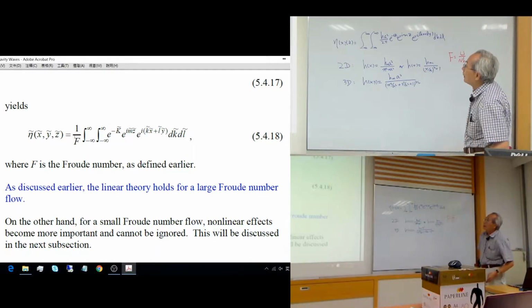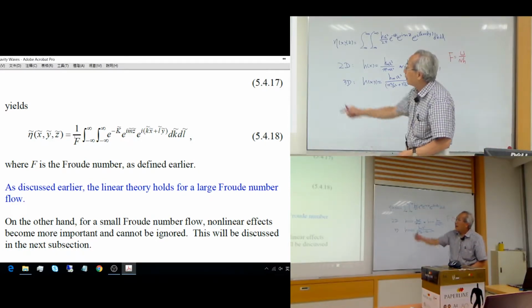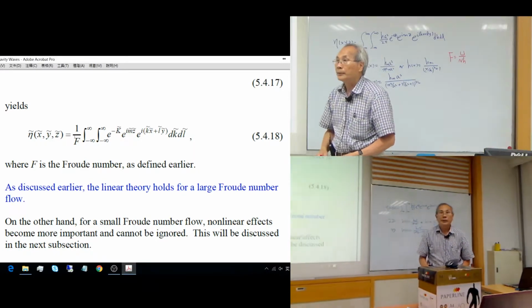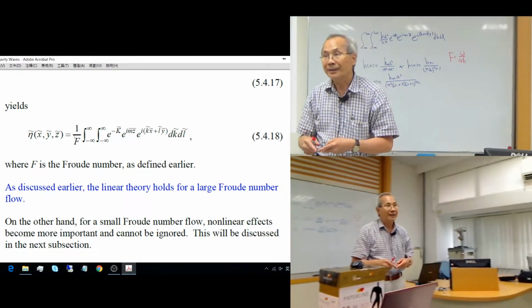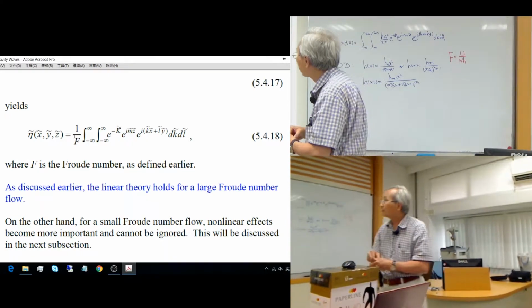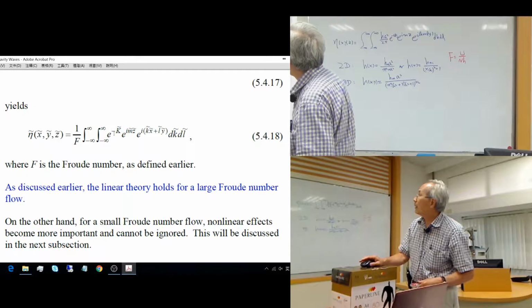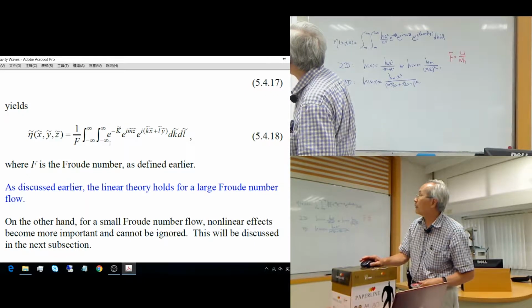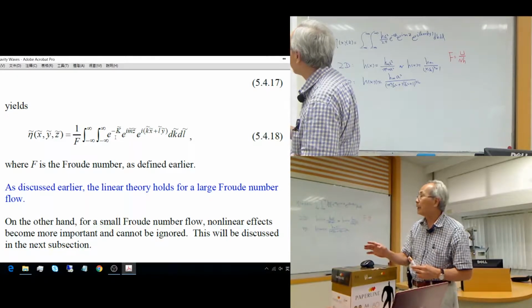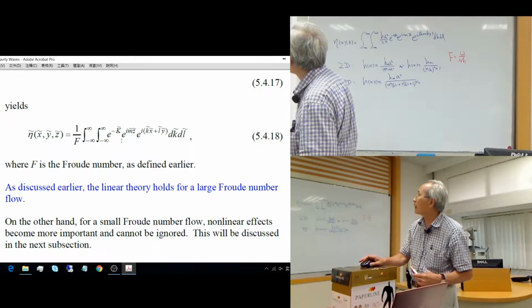When F is small, eta will be larger, because you have nonlinearity. So then he applied the Fourier transform to do that, and he also has a linear theory too.